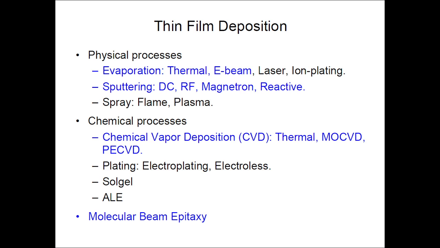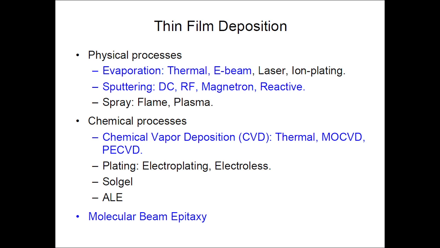There are mainly two types of process to prepare thin films. One is the physical process, in which we can see evaporation by thermal evaporation, electron beam evaporation, or laser or ion plating, which can be utilized for the evaporation of a given sample material to be deposited on the substrate.